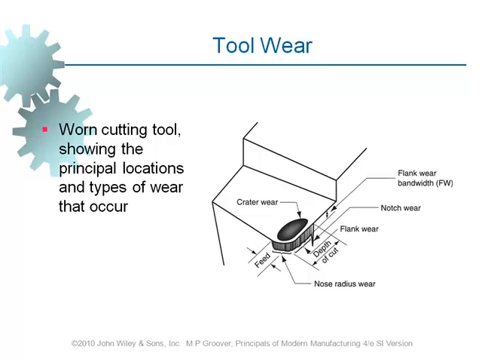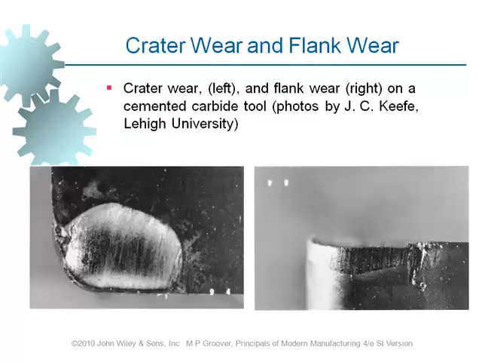Well, anyway, these two types of wear do occur on the cutting tool, and eventually, after some time, we have to replace the cutting tool with a sharper one. And here you've got a microscopic image of the two types of wear. In this type of wear, which occurs on the top face or the rake face of the cutting tool, there is a region which is worn.